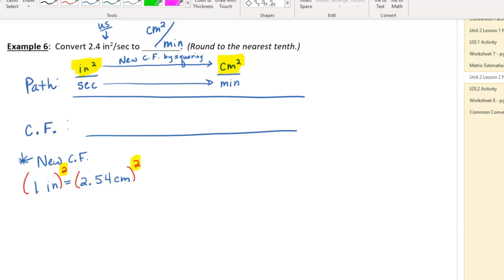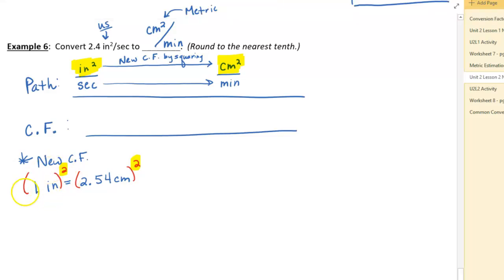All right, so get your calculators out. When you square the left-hand side, 1 times 1 is still 1, but now we have inches times inches, which would be inches squared. The right-hand side, though, will no longer be 2.54. In your calculator, if you do 2.54 and raise it to the second power, or 2.54 times itself, you should get 6.4516.